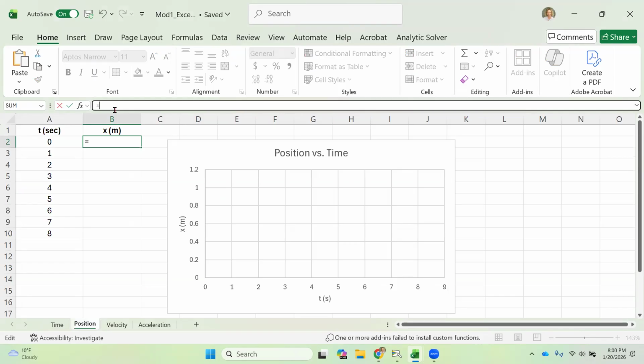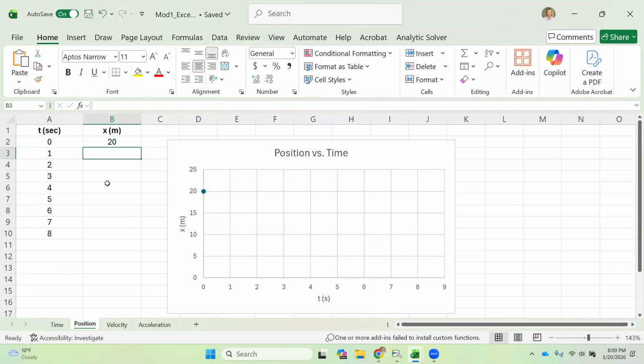So I'm going to say equal to negative 4.905 times my time, squared, plus 10 times the time plus 20. I'm just double checking the negative. That should be good. So I end up with 20.